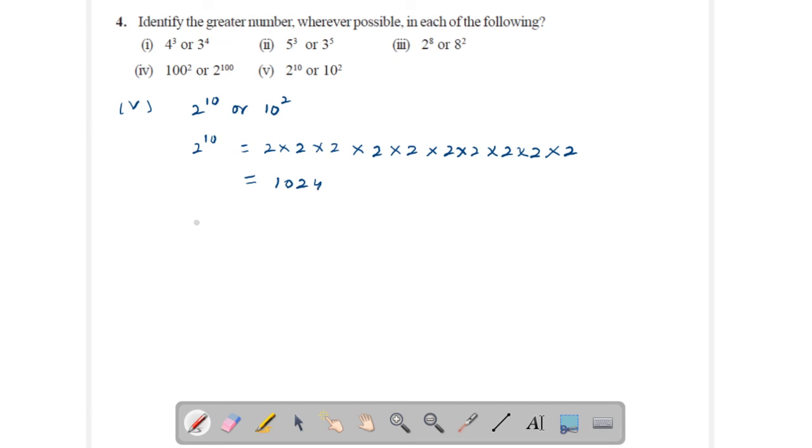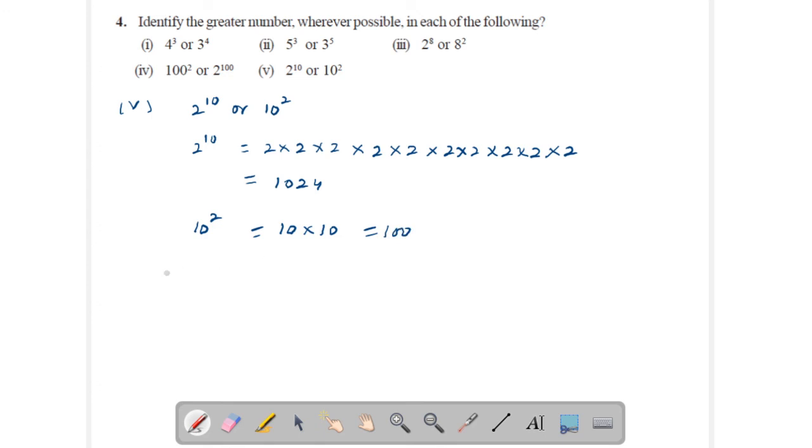Second number, it is 10 raised power 2. 10 raised power 2 means 10 into 10, that is 100.